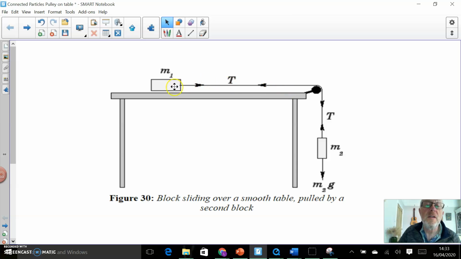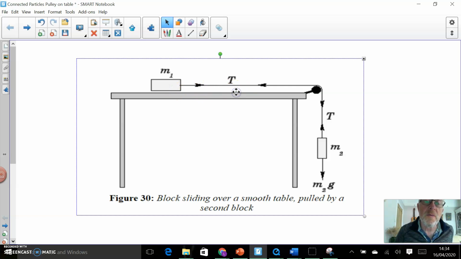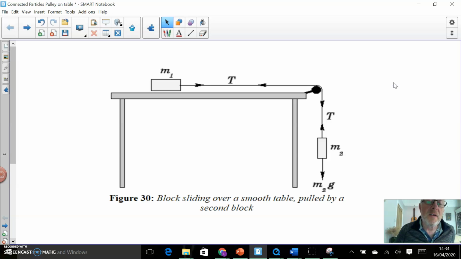So the forces on A, or M1, will have changed, and it will travel with just the friction force acting upon it, and it will eventually come to rest. And we have got to calculate the total distance travelled before it comes to rest.